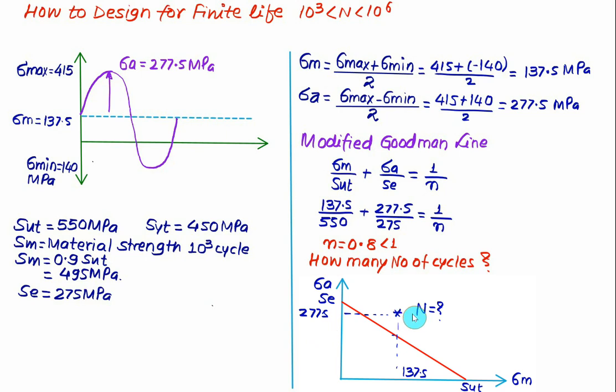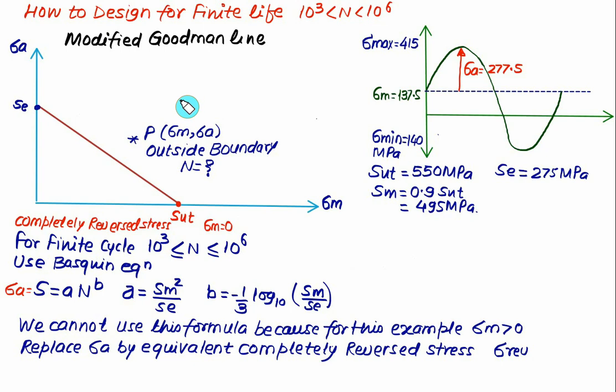If the failure will occur, then we are interested in the number of cycles. So for the Goodman line, for the given stress condition, the point P will fall outside and we have factor of safety n equal to 0.8.